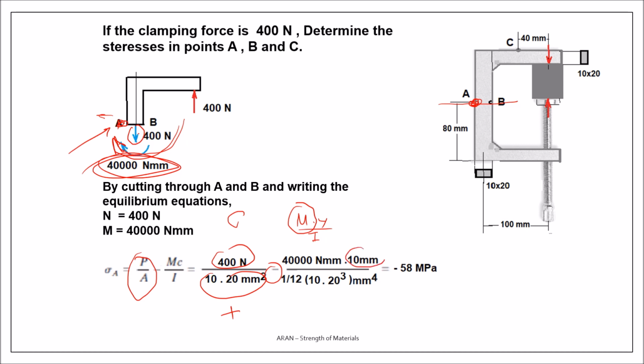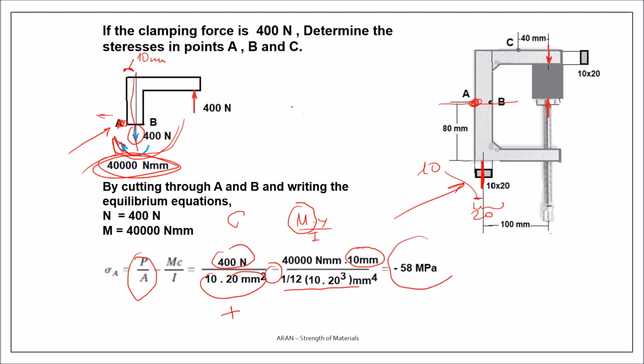This is the distance from the neutral axis. This distance is 10 millimeters. Why? Because as you see on the section, this section is 20 millimeters. If this is my neutral axis, this distance is 10. So 1 over 12, 10 times 20 to the third power.